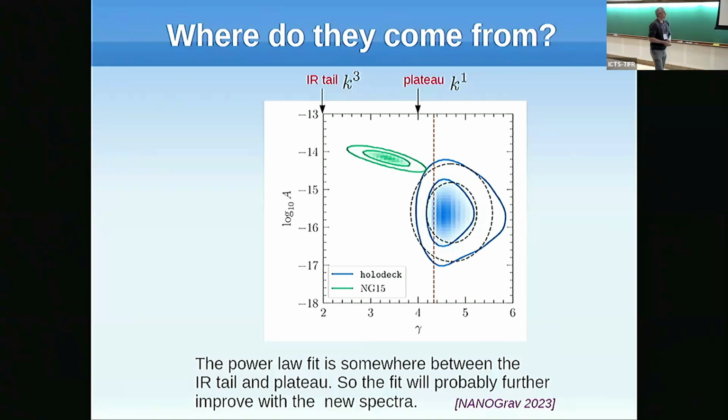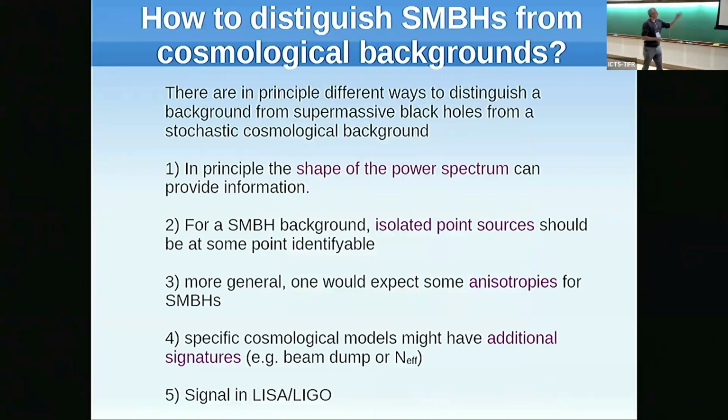Okay, so then the question is, is there a way to distinguish these classes of sources by other means, not just looking at this plot? If you think about it, I came up with like 5 ways of potentially distinguishing these two sources. One we just discussed, that's the shape of the power spectrum.